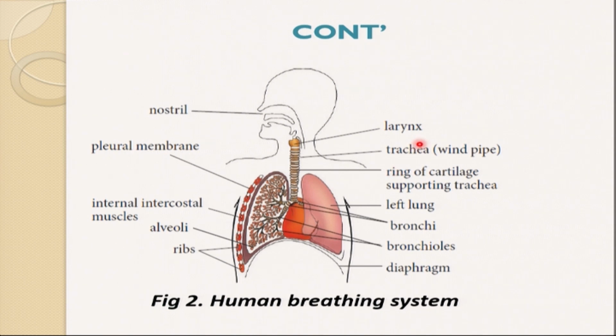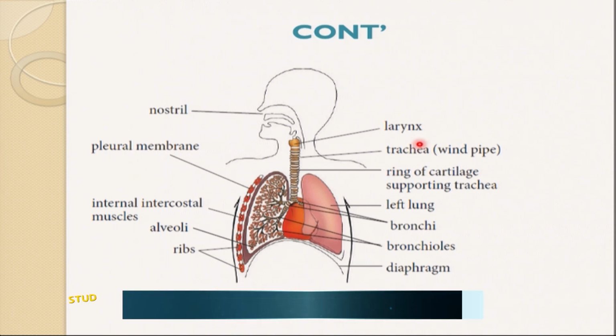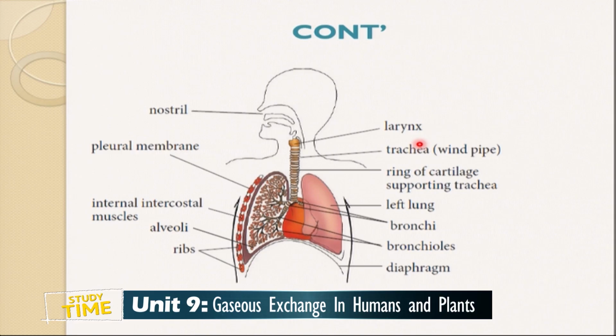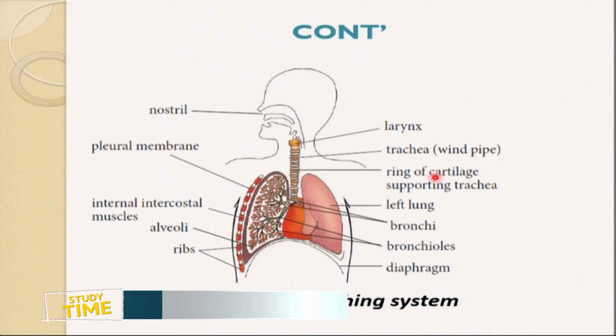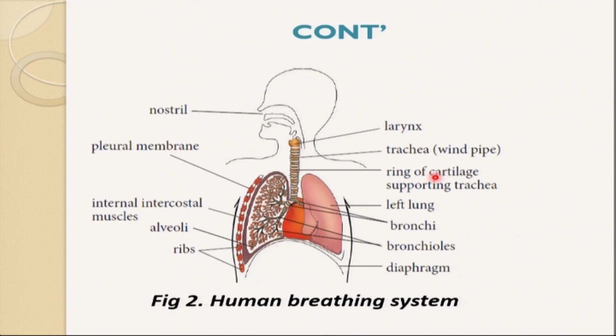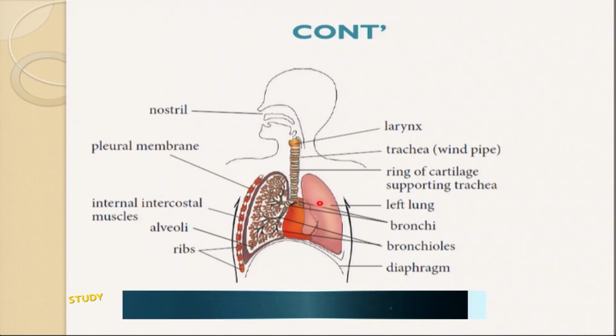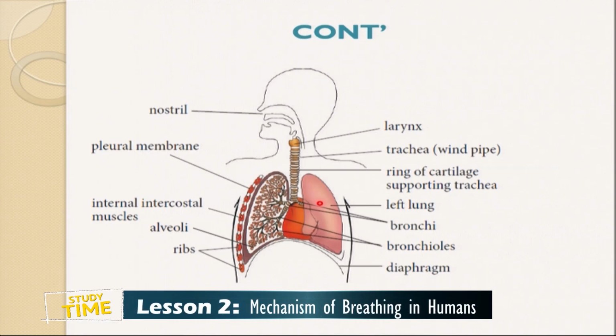We have the trachea or the windpipe. We have the rings of cartilage. Most of the trachea has cartilage supporting it, which is very important. We have the lungs, because our body has two lungs: the left lung and another on the right side.